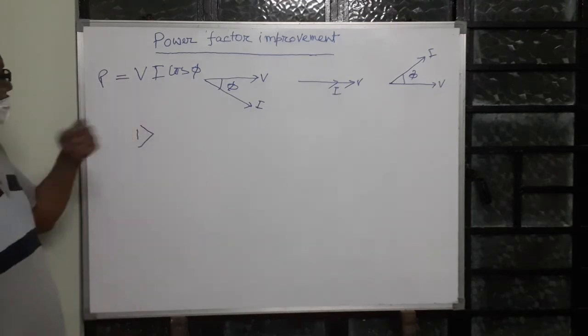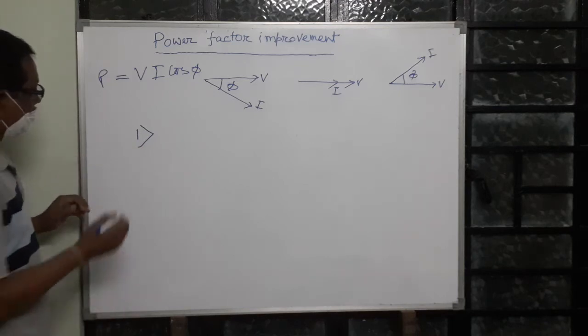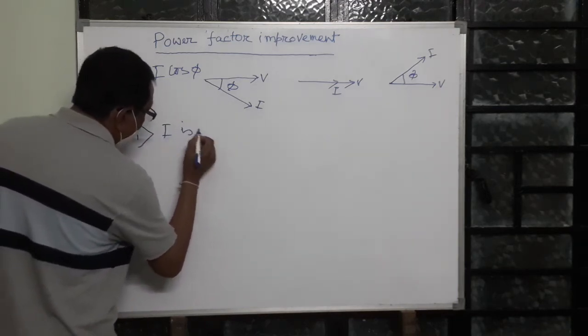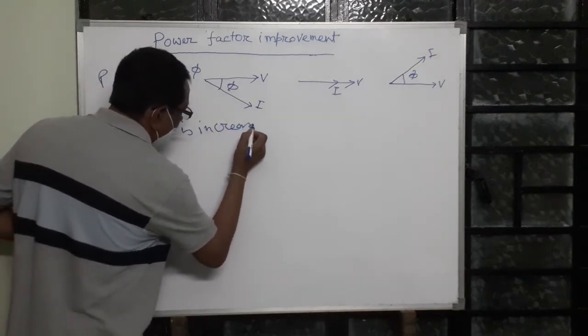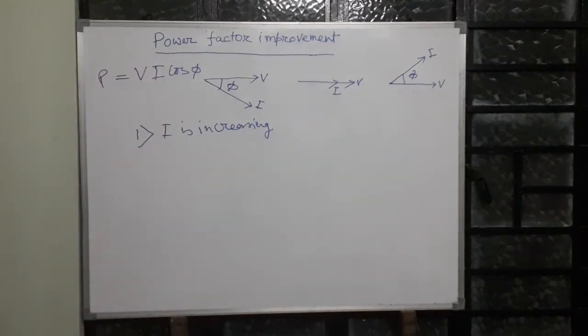Now, if the power factor is lagging, I is increasing. Due to low power factor, current is increasing.